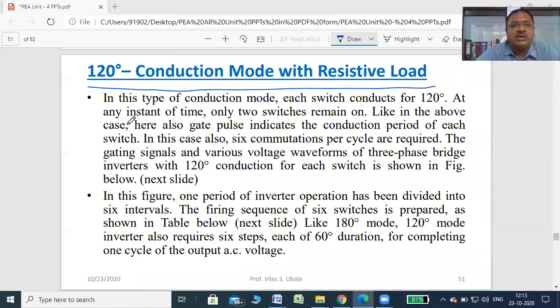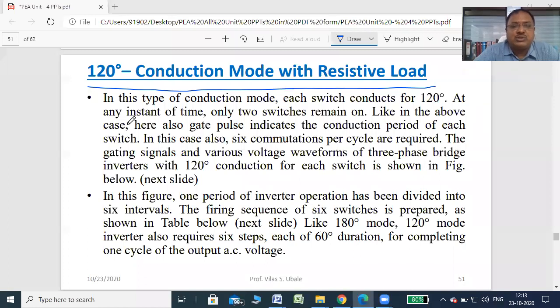Like in the above case, here also the gate pulse indicates the conduction period of each switch. As in the first figure, the waveform, the gate pulses showed the particular switch is on for a particular duration. So similarly here, the triggering pulses show the on time of switches.